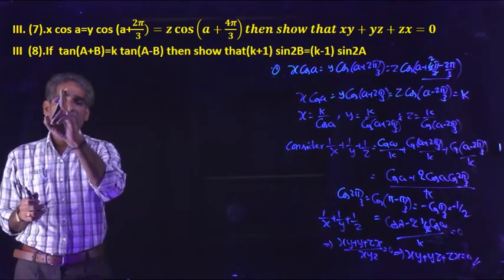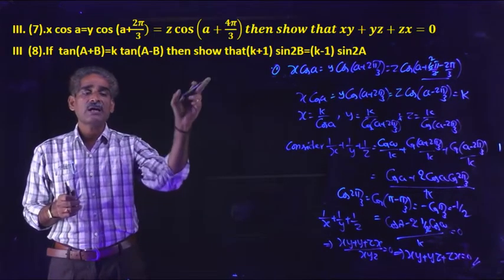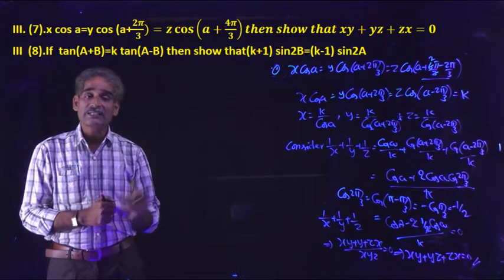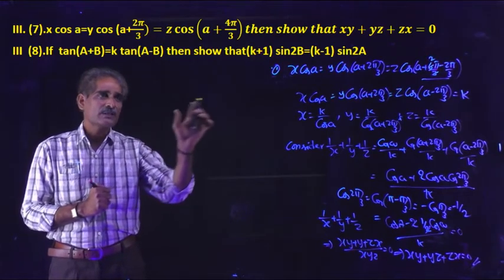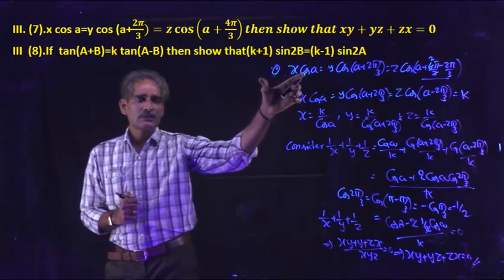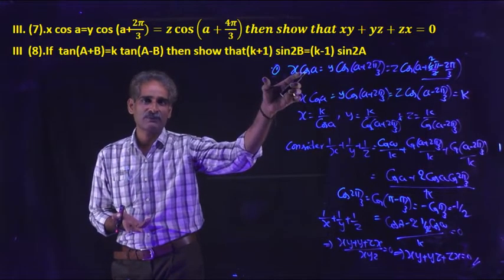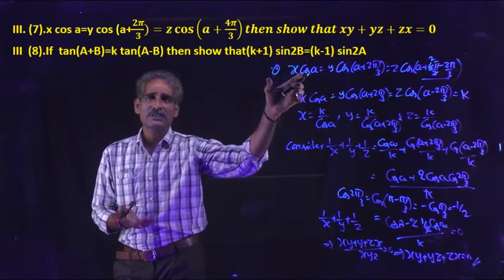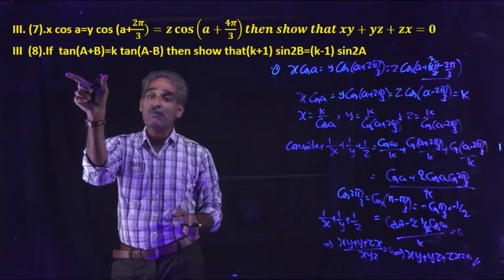Here tan(a+b) and tan(a-b) are there, but in the answer 2a and 2b appear, and at the same time k plus 1, k minus 1. Observe the structure. That means from this, (k+1)/(k-1) equals something, or (k-1)/(k+1). This type of structure from this equation is possible by componendo and dividendo.